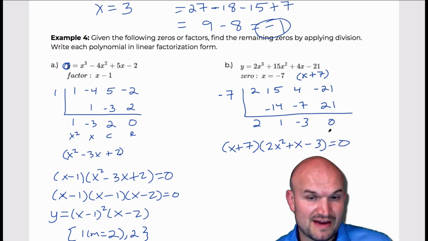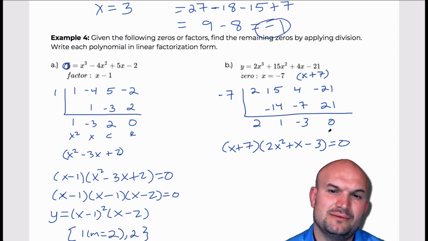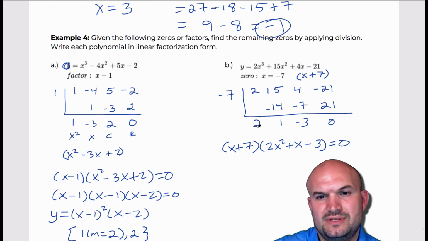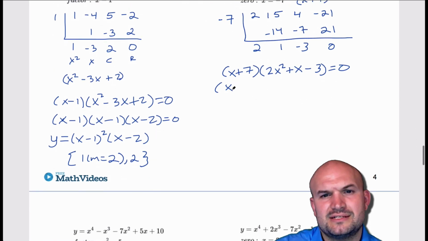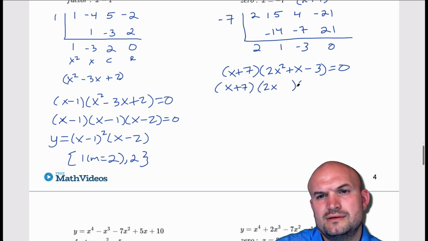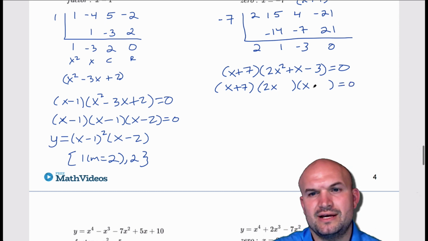All right, so now I have to factor when a is not equal to 1. Let's see how this is going to be factorable. So I can have x plus 7, and you're going to have a 2x and an x. Then I need them to multiply to give me negative 3. Okay, I got it.